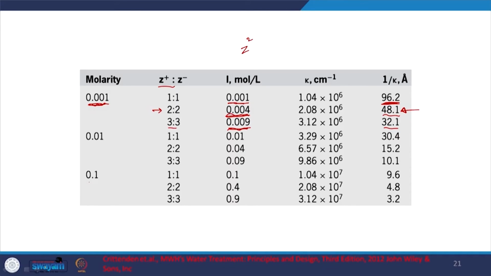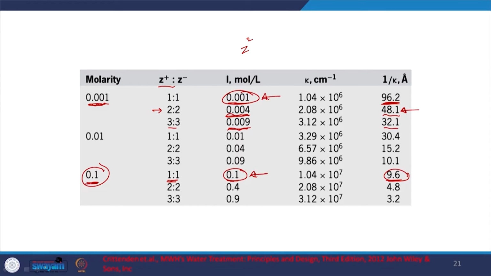So if I increase the concentration from 1 millimolar to 0.1 molal, 100 times higher I guess, what do we have here? Again same aspect, 1:1, ionic strength is 0.1. Obviously it's much higher. Why? The concentration is higher compared to what we have here.